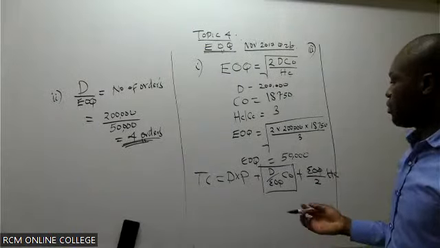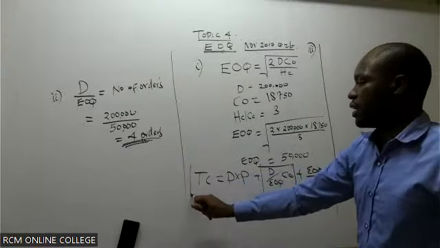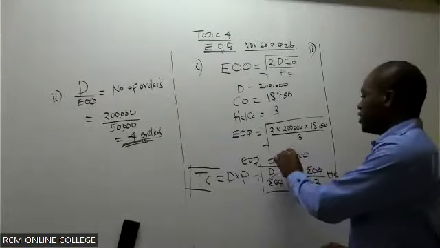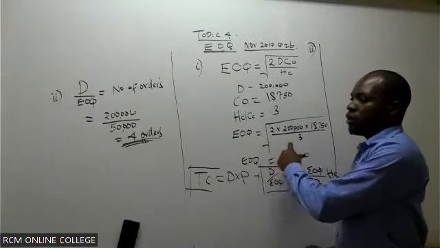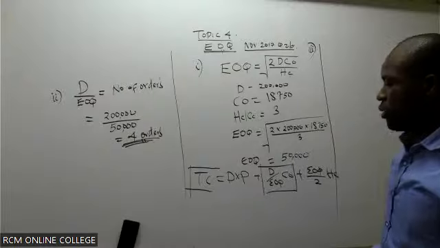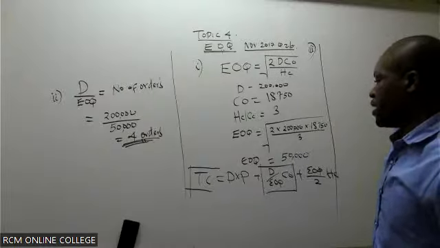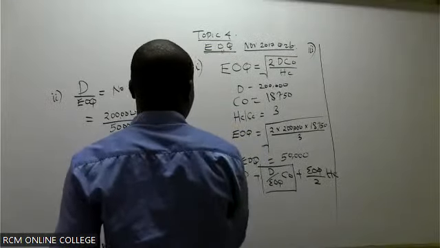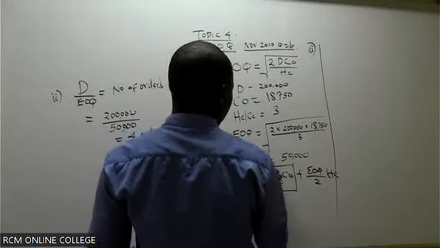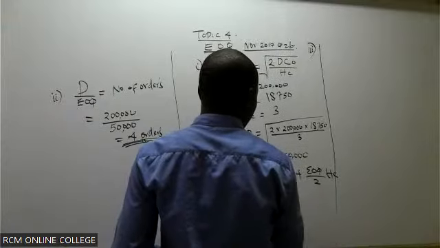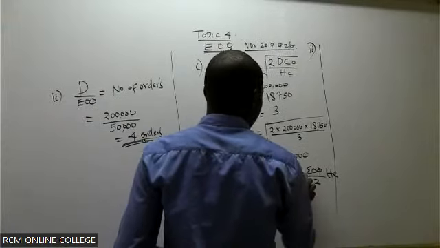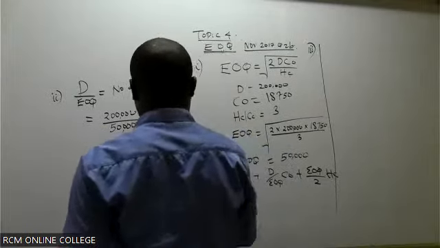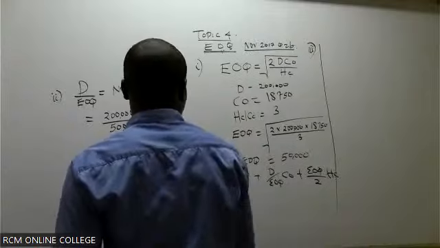Basically, they're asking us for the total cost of each option: the 50,000 units, that's the economic order quantity, and also the 100,000 units. If that is done, will we be able to identify the effect? That is what they want us to do here. So we basically come to this part here and tell us what you're going to have when you use this.